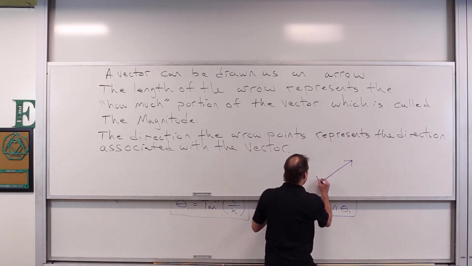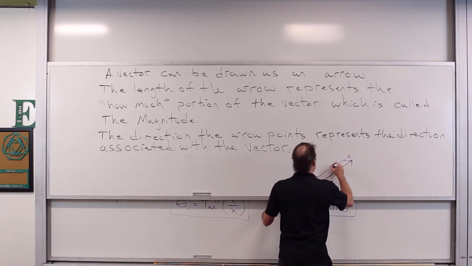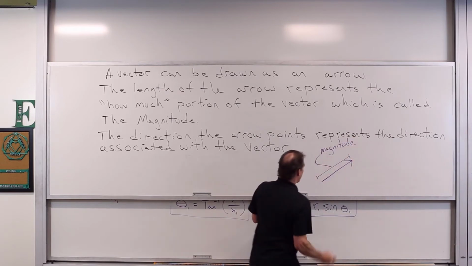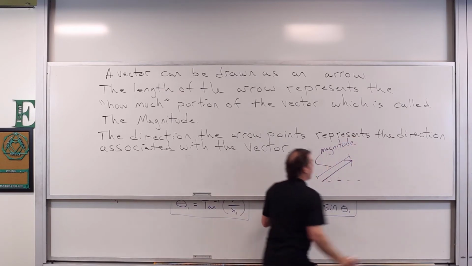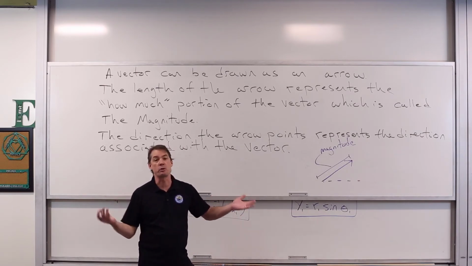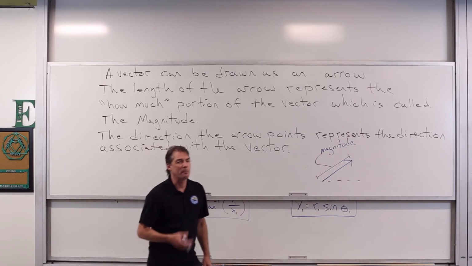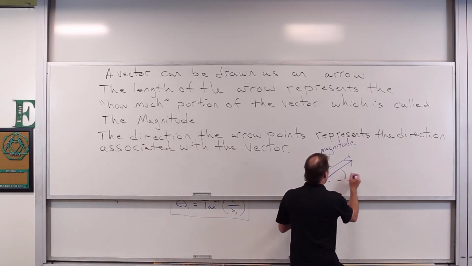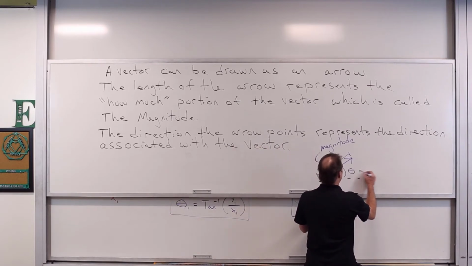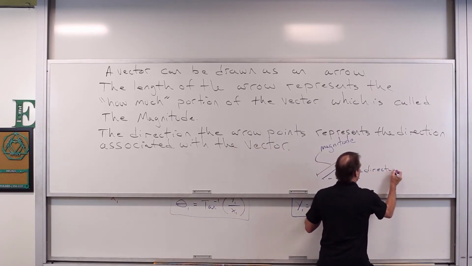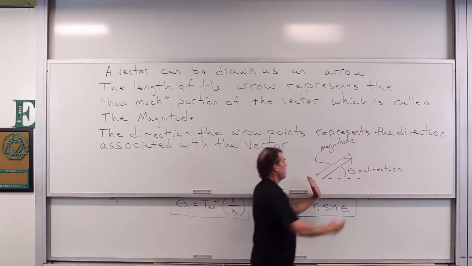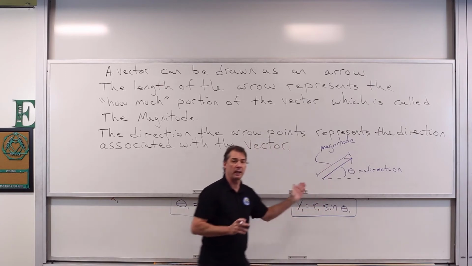So there's the magnitude, and we can represent the direction that it points measured with respect to some sort of other reference direction, typically the positive x direction. So we could call that theta. Is the direction. We take this vector and we have one that's half the size pointing in the same direction.